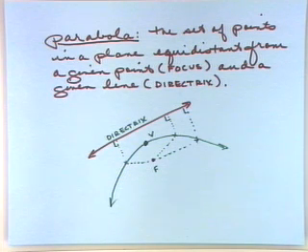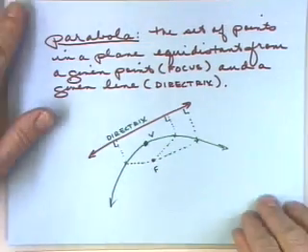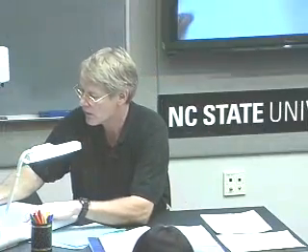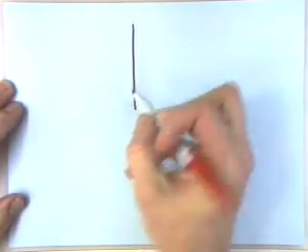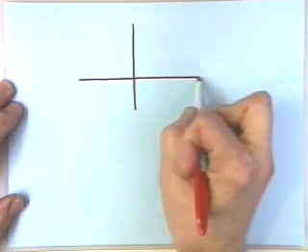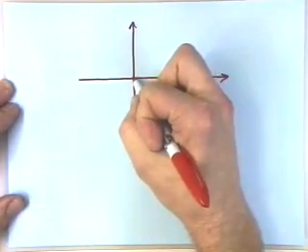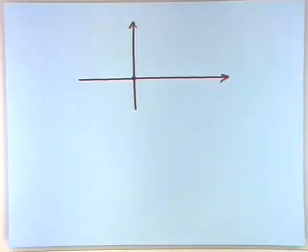Any questions about this before I move this one? So let's take a parabola, just to keep things simple, that has its vertex at the origin.